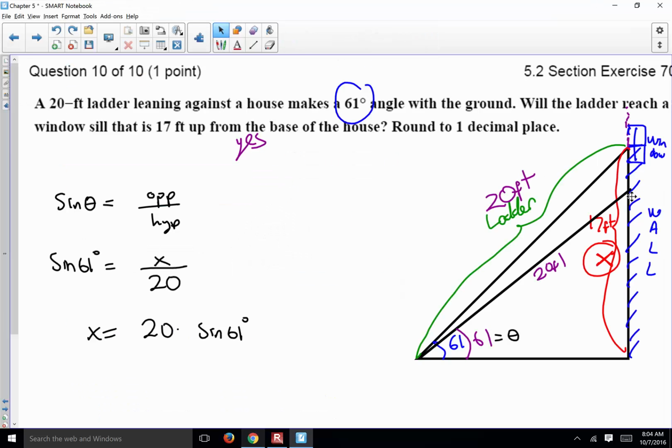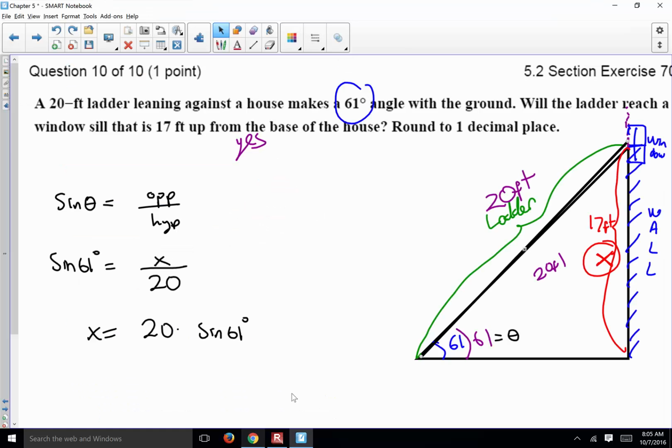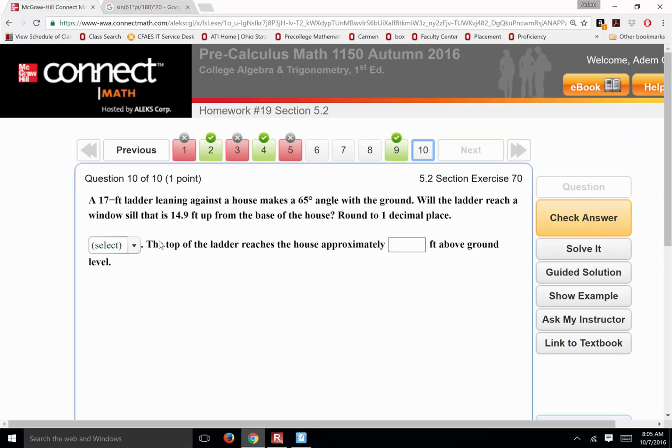So your ladder can go a little bit higher than the window level. 17.49, round to one decimal place, that means 17.5, right? 49 becomes 50. If they ask, is it yes or no, type yes, and it's about 17.5.